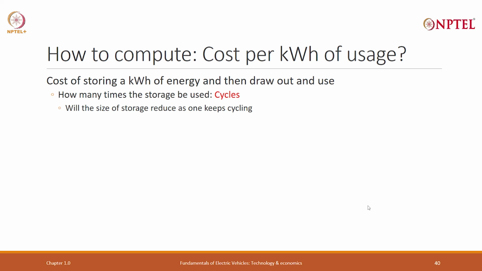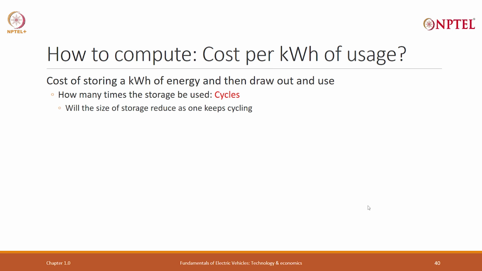Now, I cannot just take the electricity cost. Electricity cost per kilowatt hour will be 5 rupees, 6 rupees, but there is this cost of battery. This is a capital cost, one time cost and high cost. So, I have to take depreciation and interest of that battery because it has a finite life.